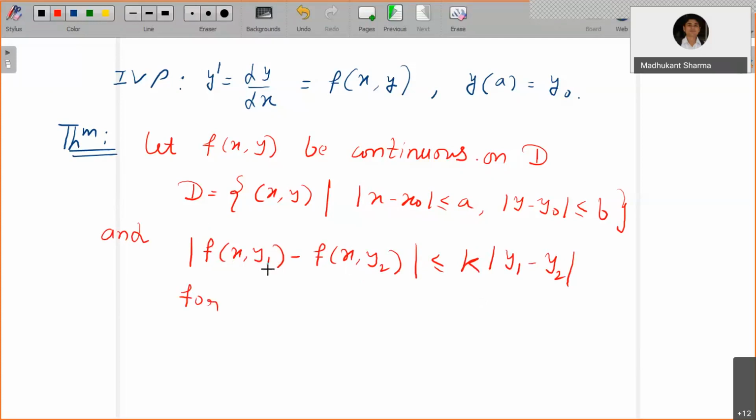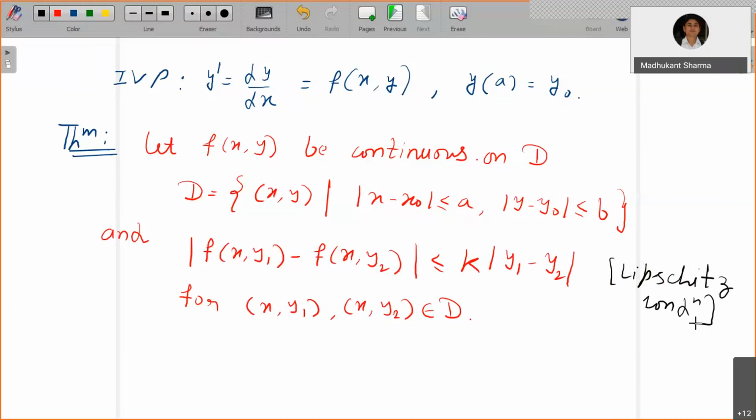So x comma y1 and x comma y2 are pairs inside D. If these two conditions are satisfied, so f is continuous and f satisfies this Lipschitz condition, this condition is known as the Lipschitz condition.